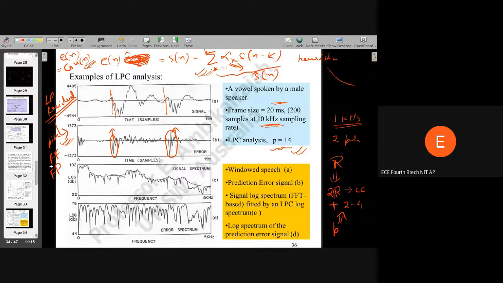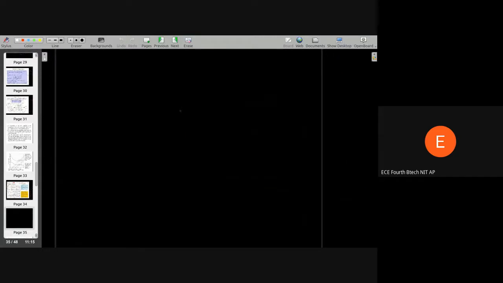Now, because you have this alpha k, we assume that alpha k is truly representing our vocal tract. Then what will we have? We'll have this A(z). Let's forget about G for a moment.